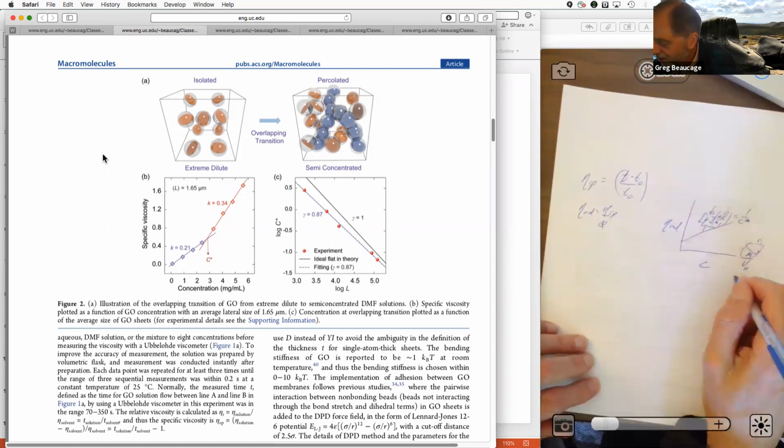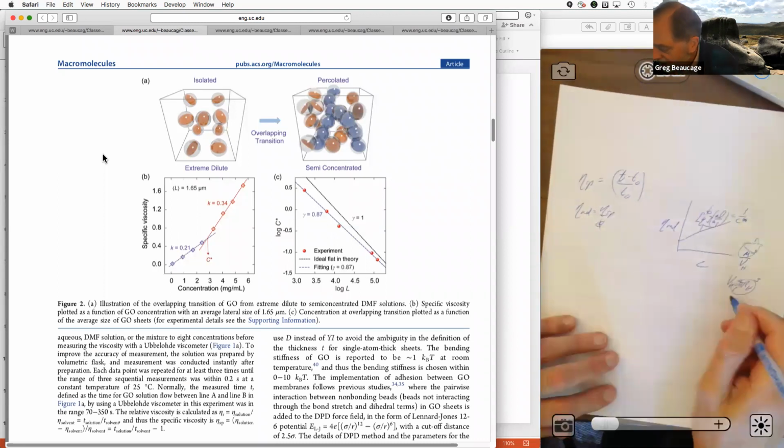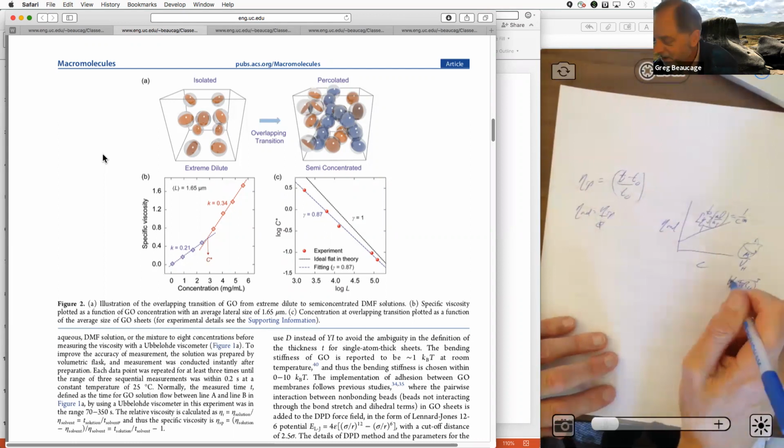Hydrodynamic volume is like 4/3 pi hydrodynamic radius cubed. Right, so this is a sphere. So the hydrodynamic radius is an equivalent sphere that gives the same volume that you're observing in this measurement.